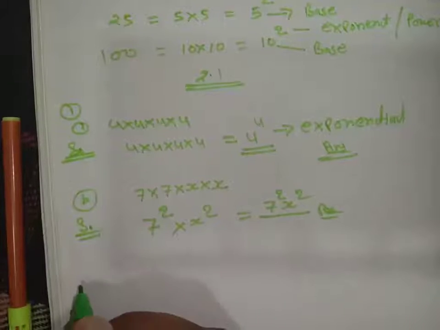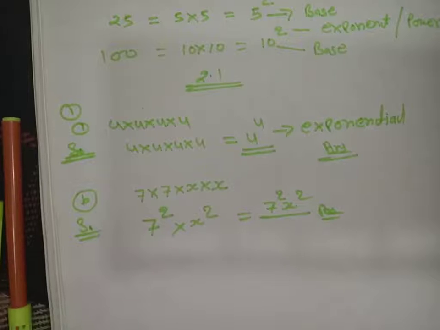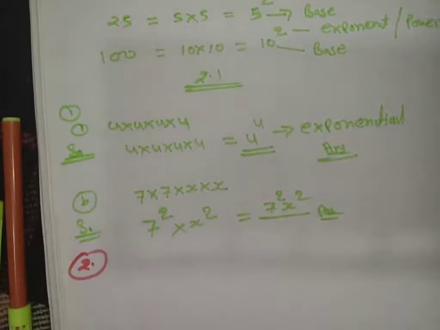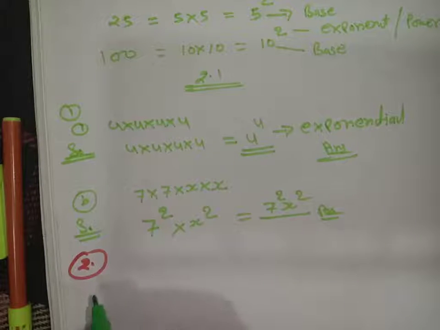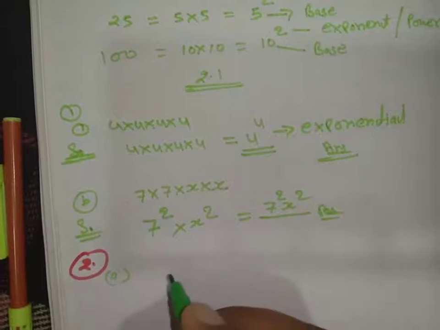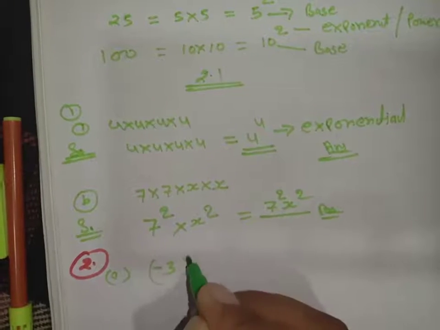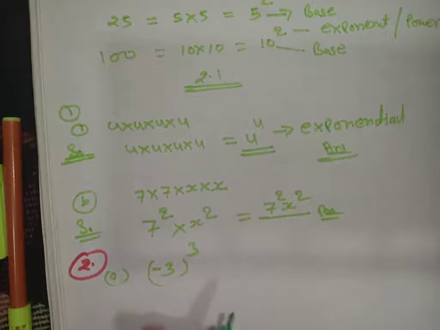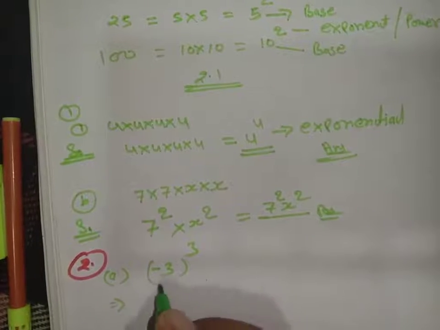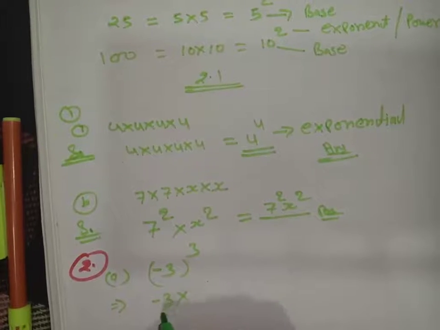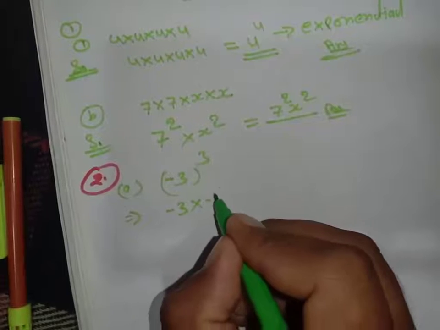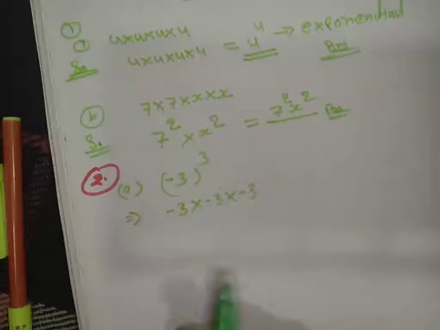Then question number 2: find the value of minus 3 to the power 3. We can write minus 3 into minus 3 into minus 3.